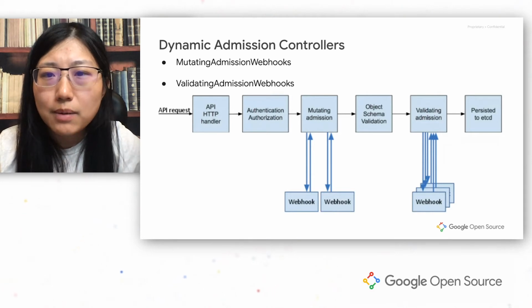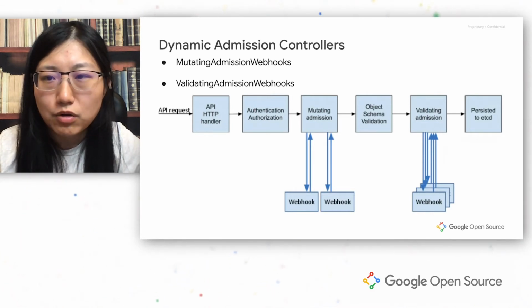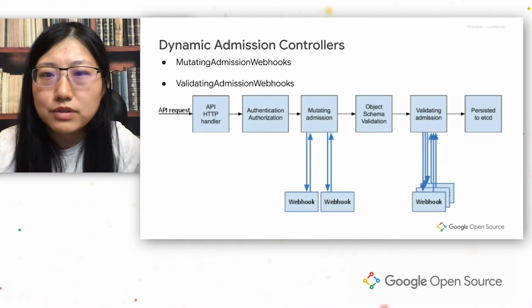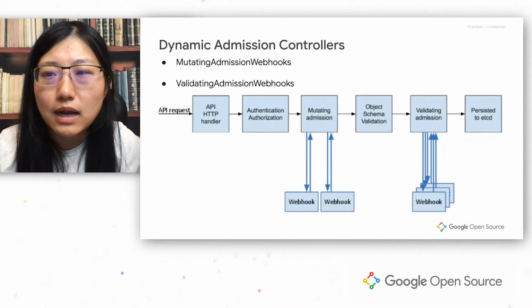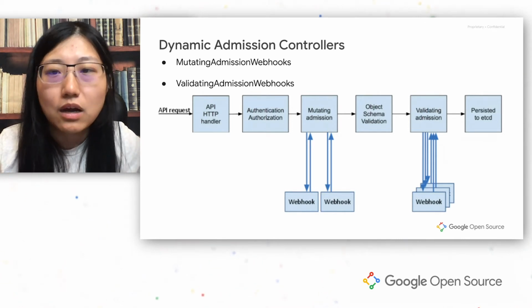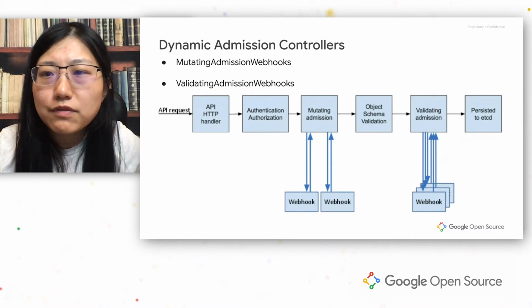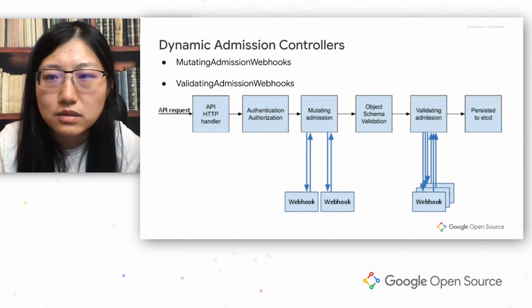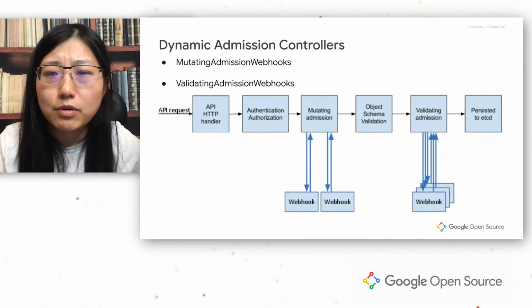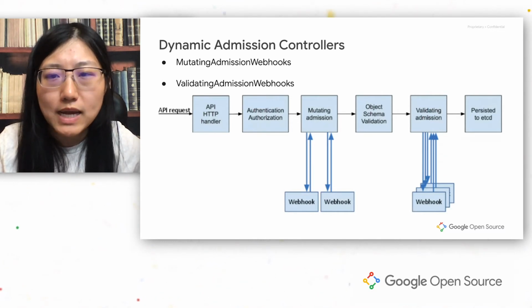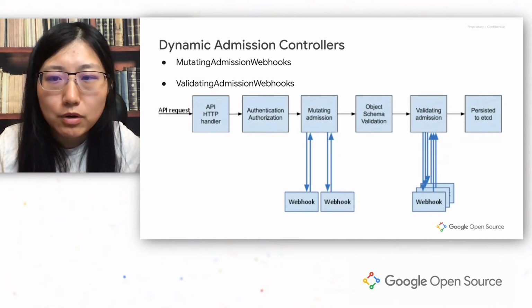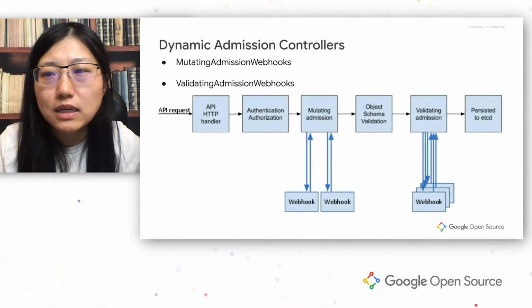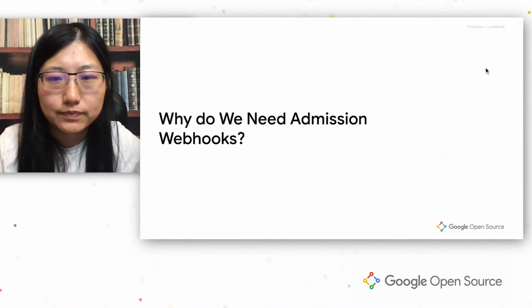This approach decouples the admission controller logic from the Kubernetes API server, thus allowing users to implement custom logic to be executed whenever resources are created, updated, or deleted in a Kubernetes cluster. The difference between the two kinds of admission webhooks is pretty much self-explanatory. Mutating admission webhooks may mutate the objects, while validating admission webhooks may not. And mutating admission webhooks are called in serial, while validating admission webhooks are called in parallel.